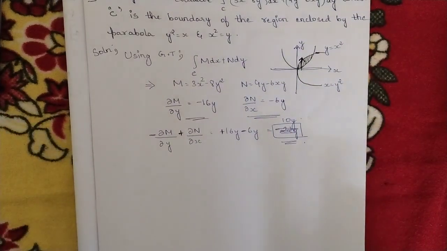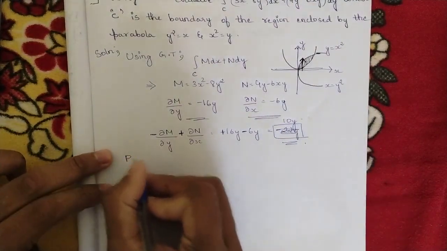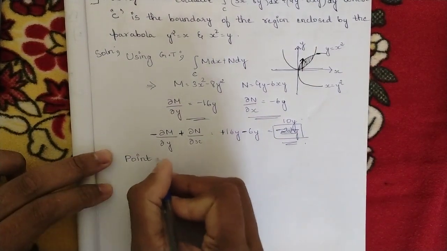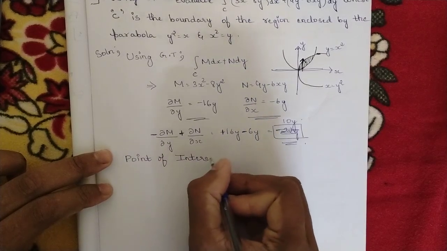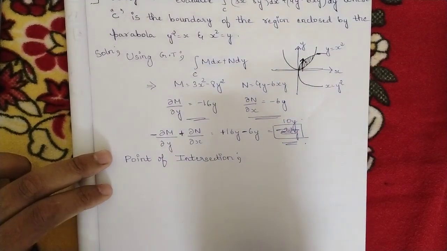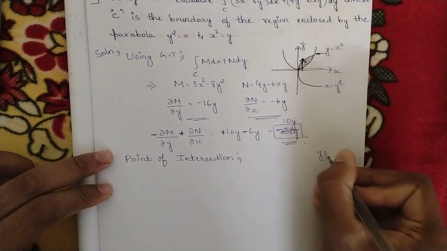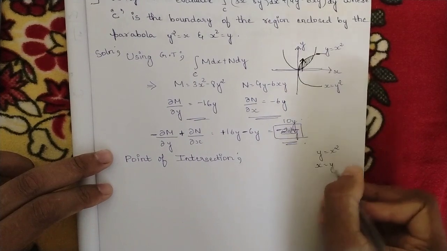The answer is 10y. Now check for the point of intersection. We have two equations: y is equal to x square and x is equal to y square.